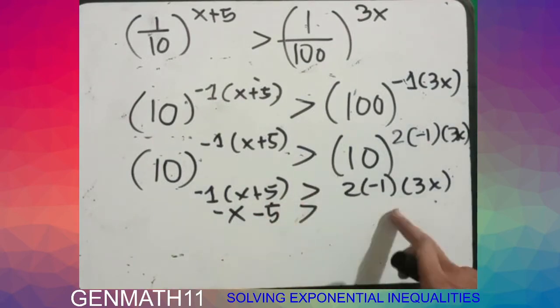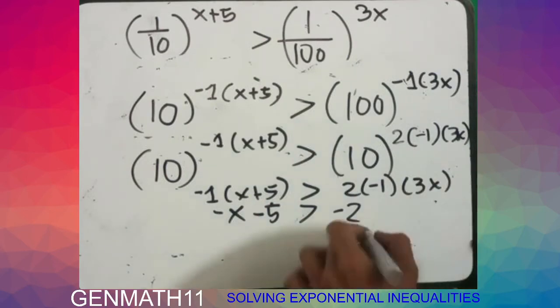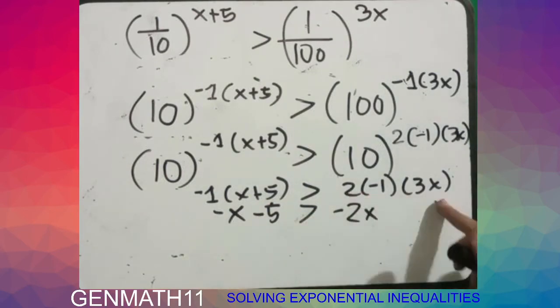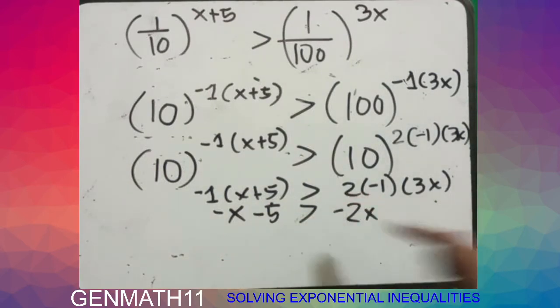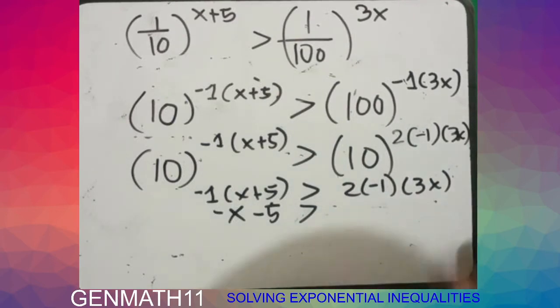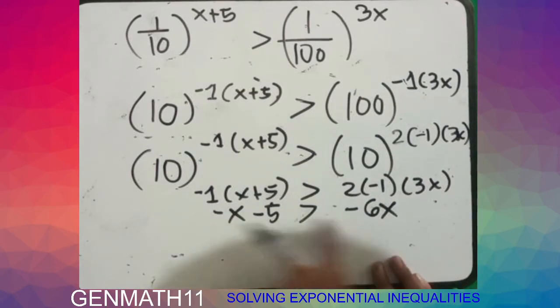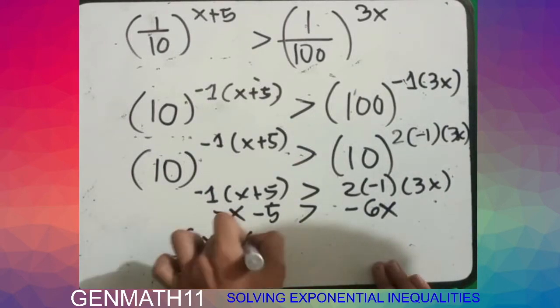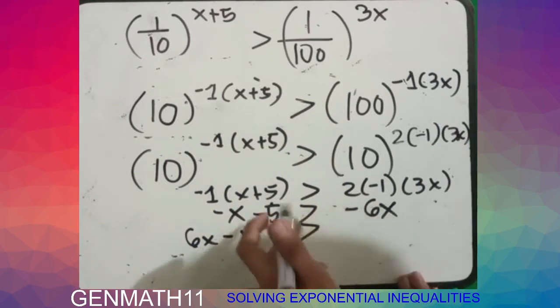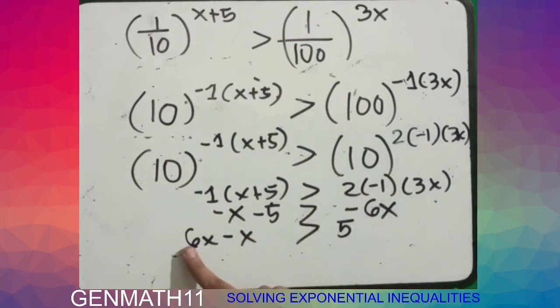Greater than 2 times negative 1 is negative 2x. Wait lang. Ulit. 2 times negative 1 is negative 2 times 3x is negative 6x. Tama? Okay, next. Lilipatan sa kabila magiging 6x minus x is greater than, tapos inilipat natin si negative 5 sa kabila magiging positive 5. So, tama ba?